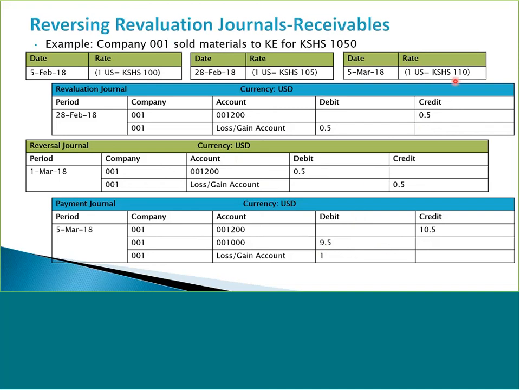So if the exchange rate at that point is 110, then that's the one you will use, and you will find the final position of these accounts. So that is the whole topic of revaluation, I would say.